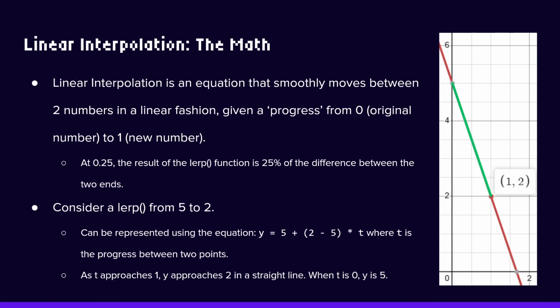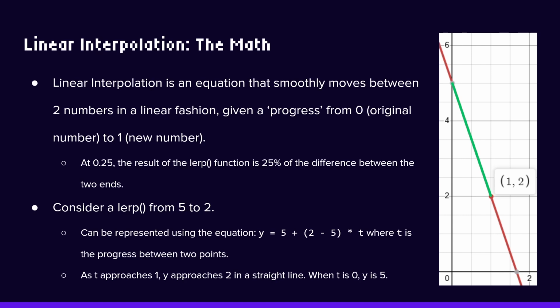So linear interpolation, I mentioned this a few times, but linear interpolation is an equation that smoothly moves between two numbers in a linear fashion, hence the name. So given a progress from 0 to 1, it will make a number in between 2 points that is in a linear fashion. So at 0.25, the result of a Lerp function is 25% of the difference between the two ends, or a point that's 25% of the difference.